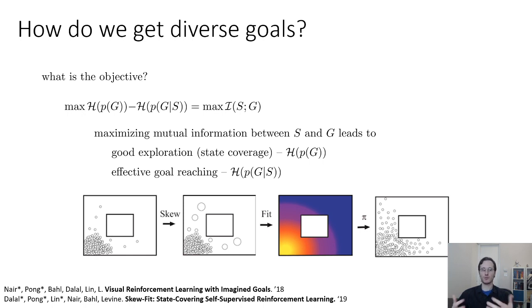So that's another way that this concept of mutual information leads to an elegant and very simple objective that quantifies exploration performance. Essentially, in this case, the mutual information between states and goals quantifies how effectively we can reach the most diverse possible set of goals.